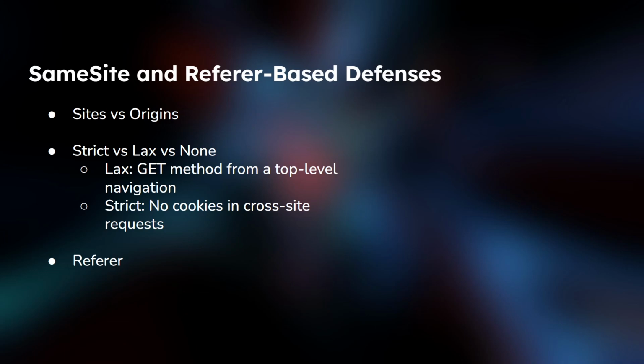For the purpose of SameSite restrictions, a site can be defined as a top-level domain, like a .com or .org, in combination with some other part of the domain. So like HTTPS would be the scheme, and that would also dictate what port it's going to be running on.